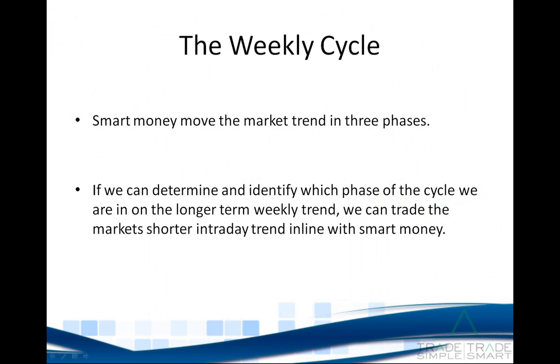So you now know that smart money moves the market trend in 3 distinct phases. So if we can determine and identify which phase of the cycle we are in on the longer term weekly trend, it will allow us to trade the market's shorter term intraday trend in line with smart money.